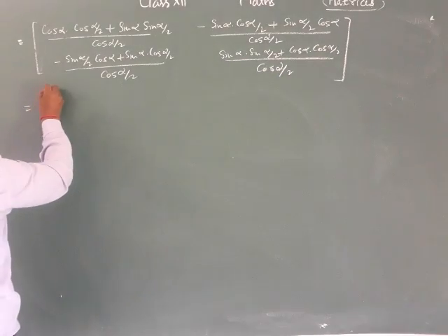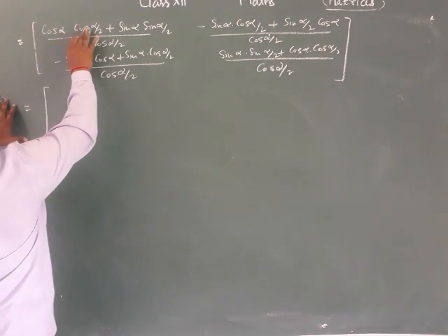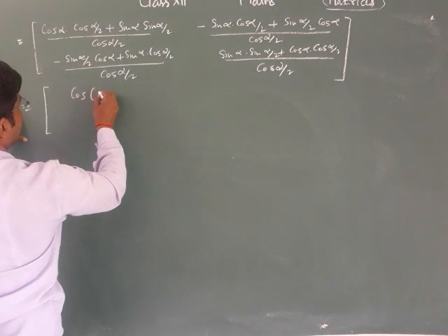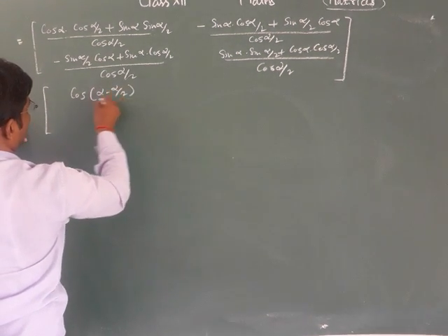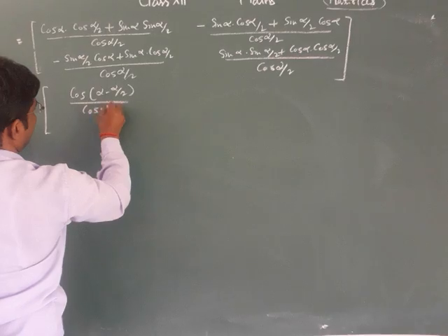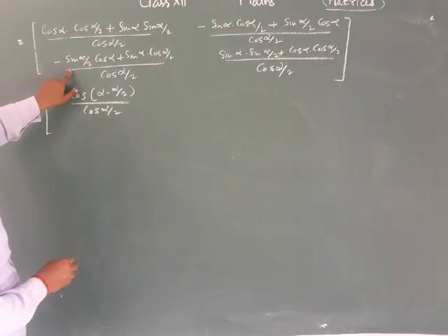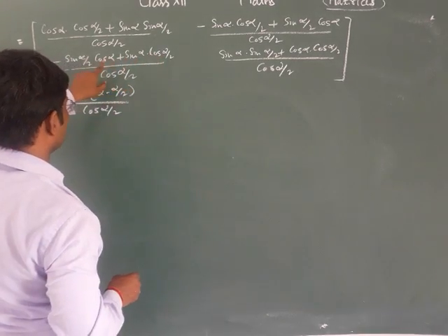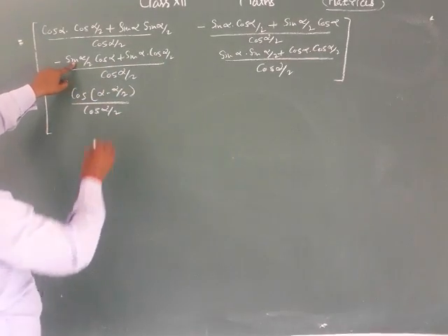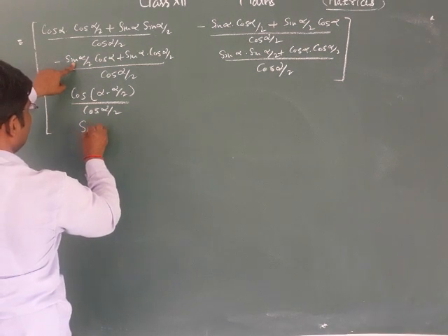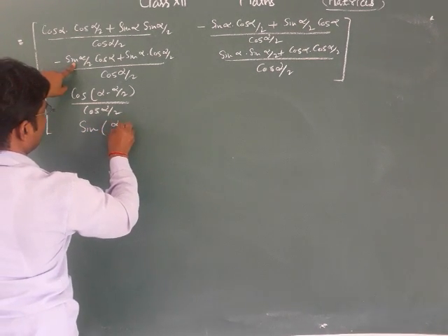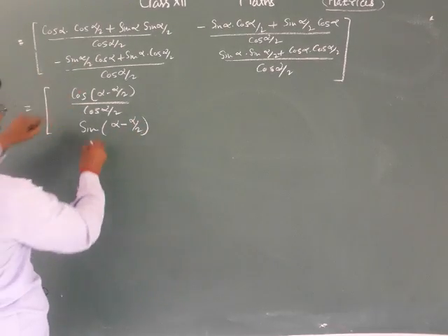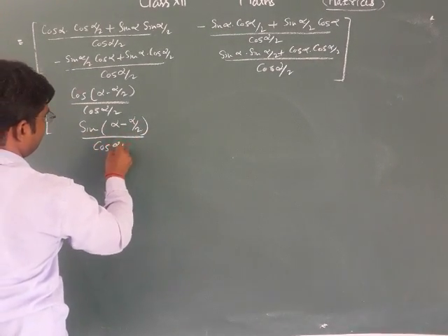So this is now cos A cos B plus sin A sin B, so cos of A minus B, alpha minus alpha by 2, upon cos alpha by 2. Also sin A cos B minus cos A sin B, so this is sin of A minus B, alpha minus alpha by 2, upon cos alpha by 2.